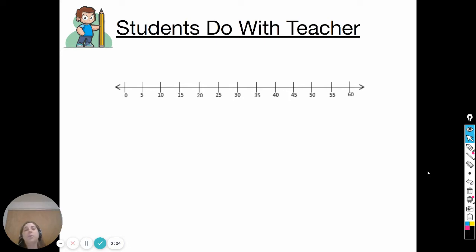Now this is going to be your turn to do it with me. So first, what I want you to do is I want you on your whiteboard to take a minute to write this number line, okay? Try to make it as big as you can. Make it go all the way across your whole whiteboard, because it makes it easier when we're drawing those little tick marks if your number line is really big.